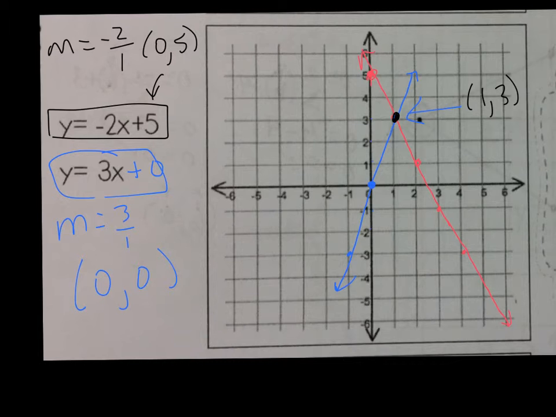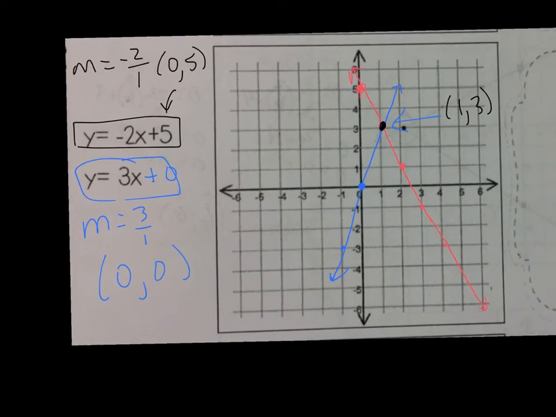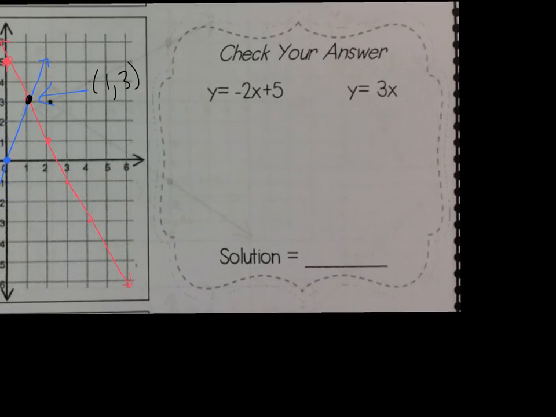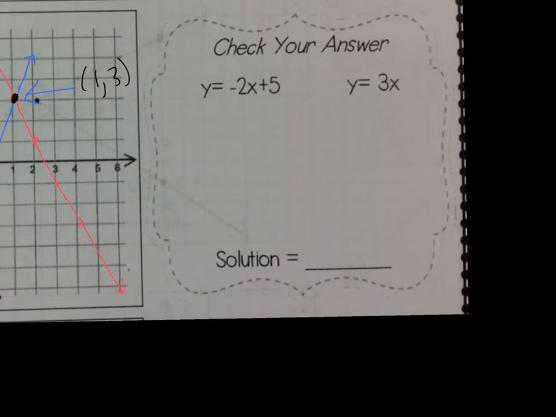Now, what you have to do is go back and double check your work. So we're going to take that solution of 1, 3, and we're going to plug it into both these equations. My y variable is 3. It equals negative 2.